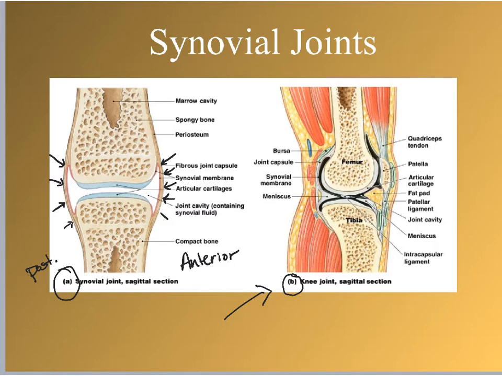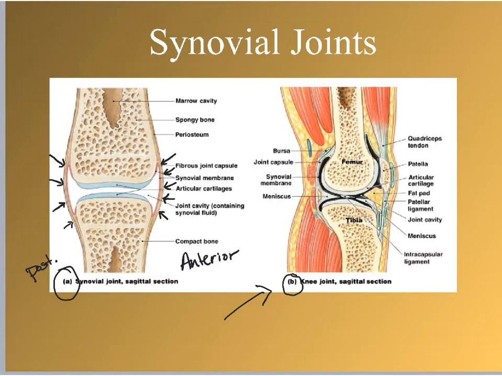I'll give you a tip. If you go to the Complete Anatomy app and you show the skeleton but then select or add layers of connective tissue, you'll be able to see that articular capsule. So that articular capsule is made of dense connective tissue and it encompasses the entire joint.